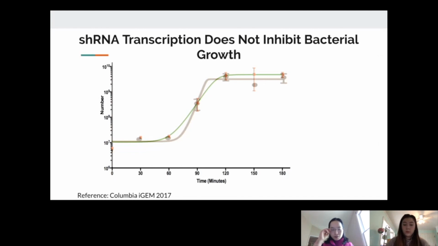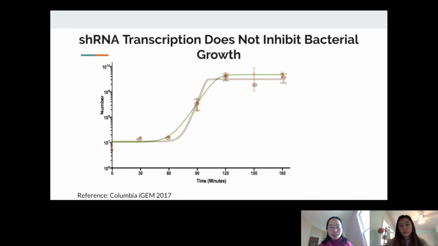One of the things we wanted to make sure of is that producing the shRNA in the bacteria doesn't inhibit the growth of the bacteria, because we didn't want the production of the shRNA to be toxic to the bacterial cell. We didn't find any theoretical reason that the shRNA would be toxic to the cell, but as we mentioned before, you don't know what will happen unless you test it.